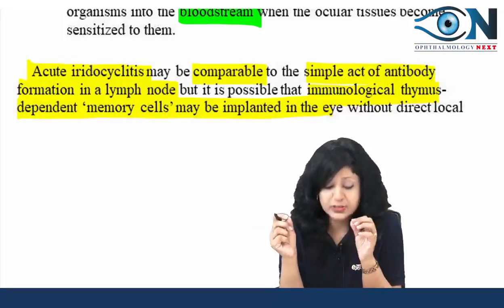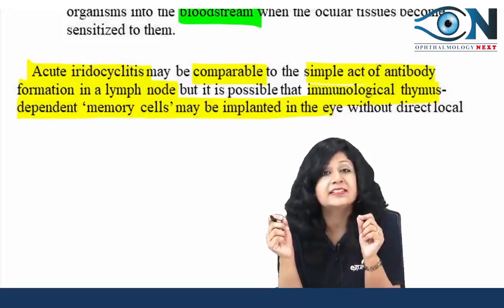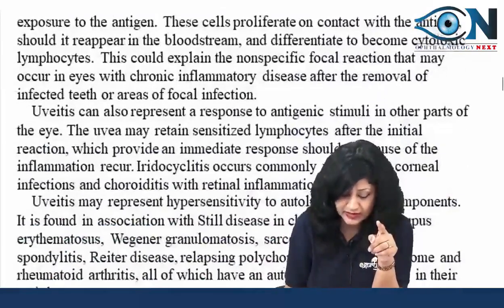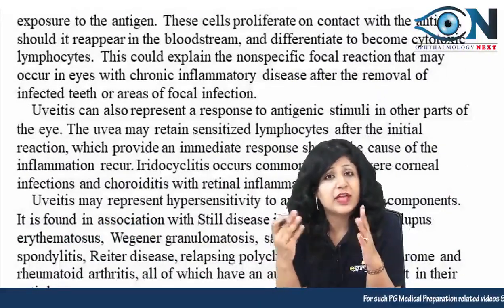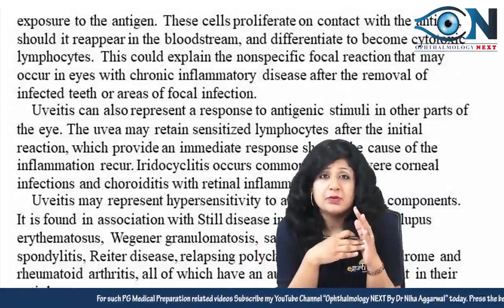It is possible that these memory cells may be implanted in the eye without direct exposure to the antigen. So how is it possible that there was no direct exposure to the antigen, but there was a sensitization of these memory cells in the thymus?